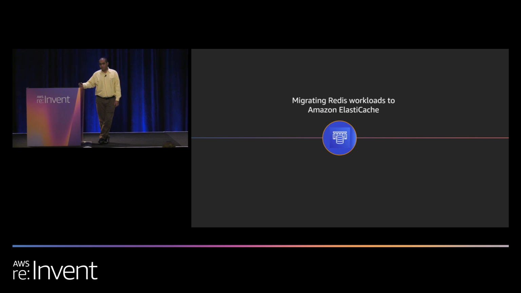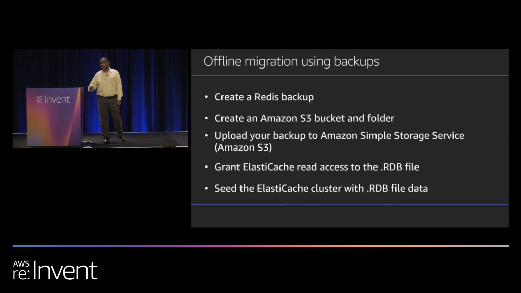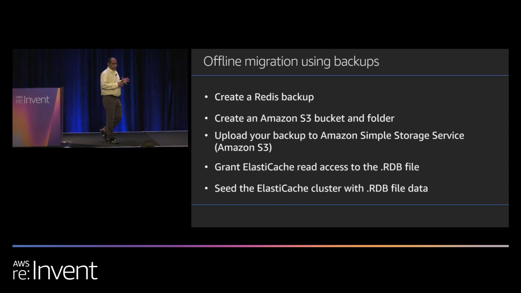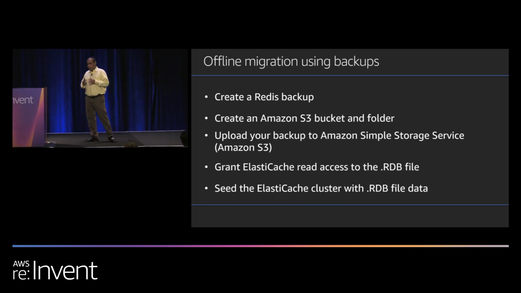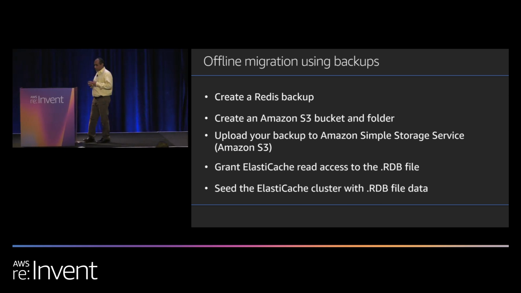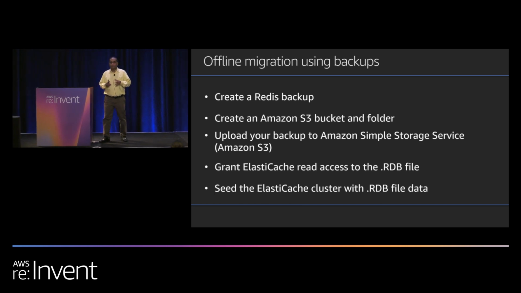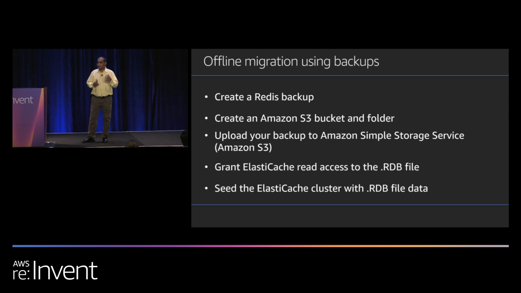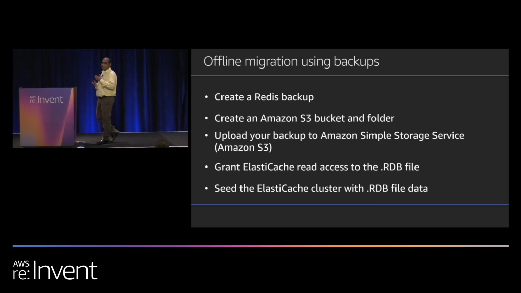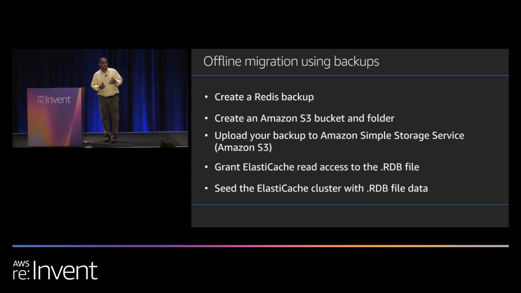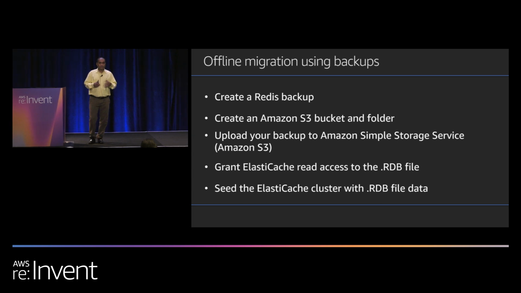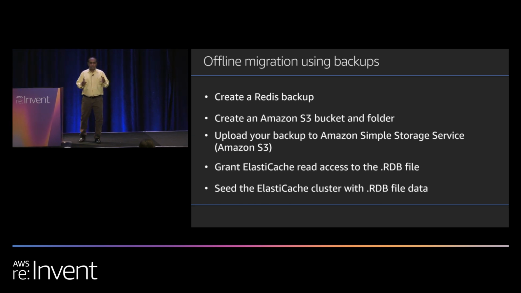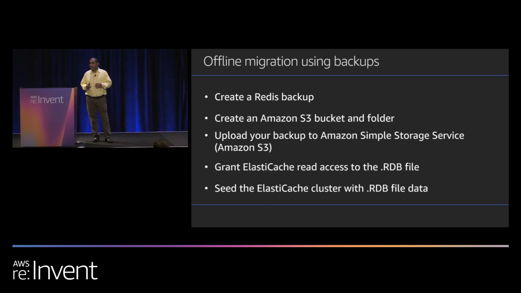And let's talk about the very basic one that you can do. If you are hosting on EC2 and if you can take downtime, and if you have a primary data store that's backing up your Redis cluster, then one of the things you can do is that you can take a backup. Typically, a backup is an RDB file.